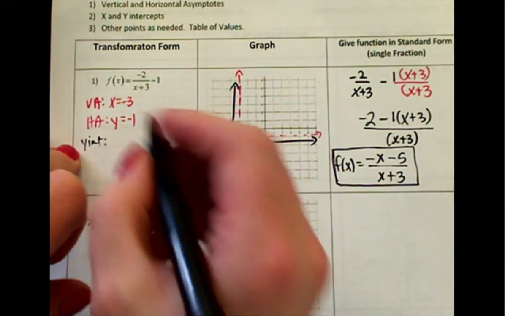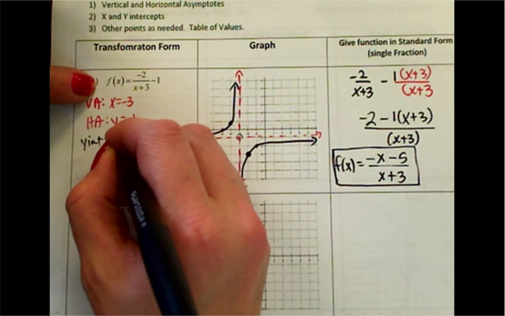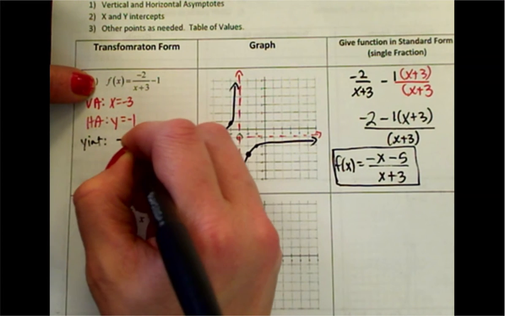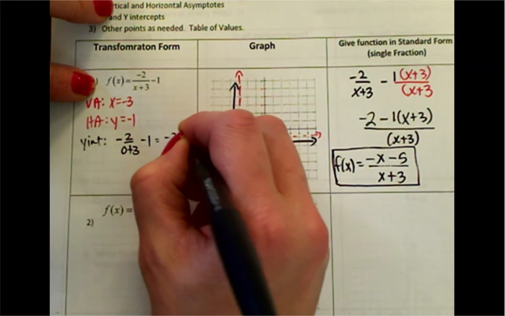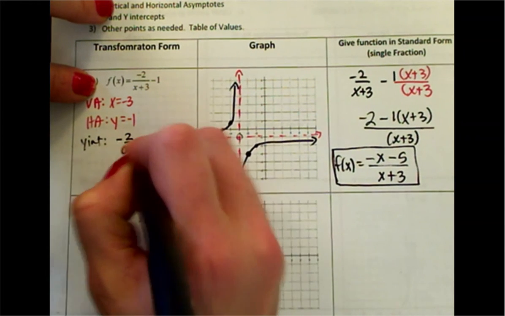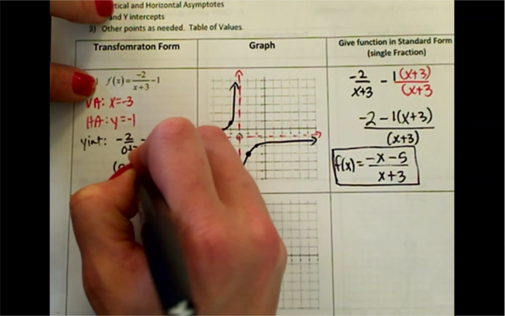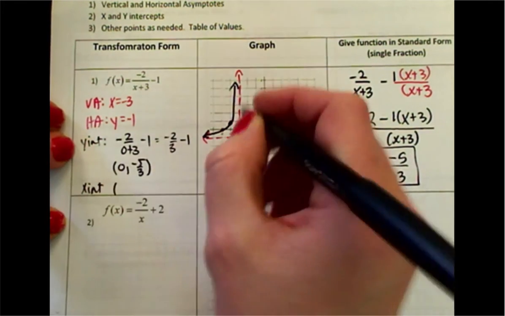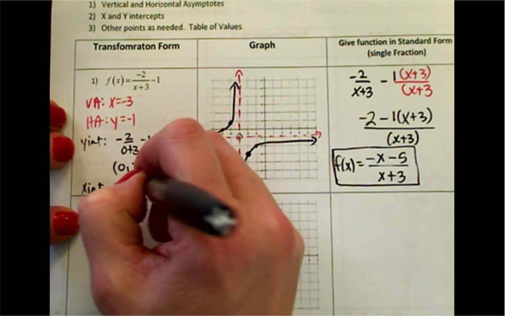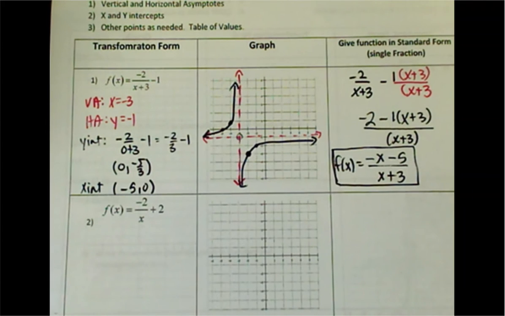Y-intercept, I do that one first because it's pretty quick to solve for that. Negative 2/3 minus 1. So that's minus 5/3. My x-intercept, because it's on my graph, I'm just going to write it in, but I would substitute and solve for it.